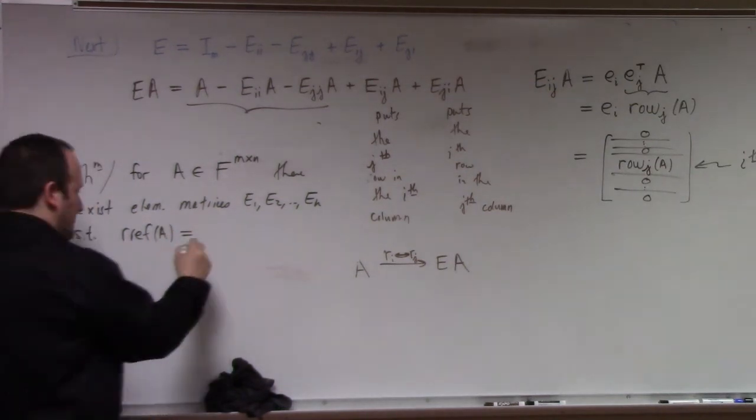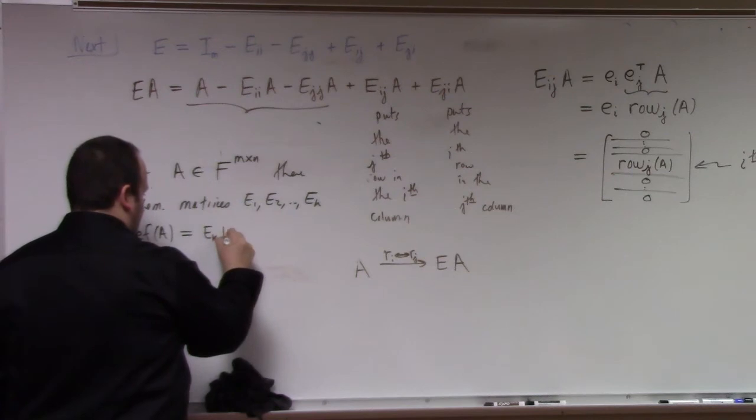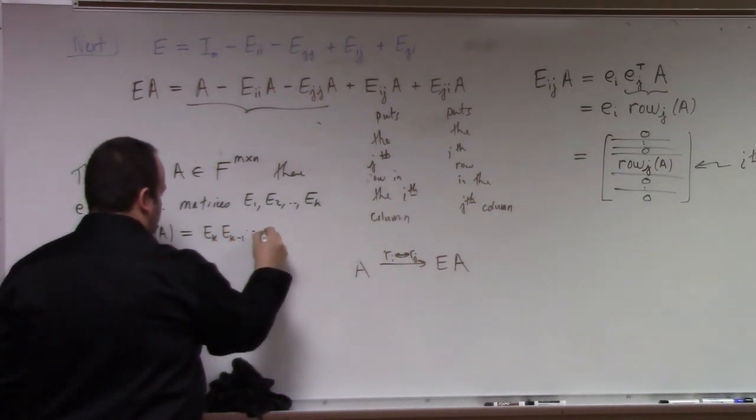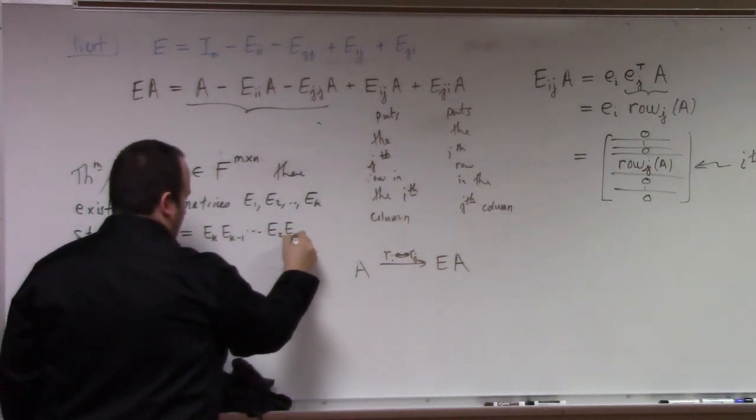It's equal to EK, EK minus 1, down to E2, E1, A.